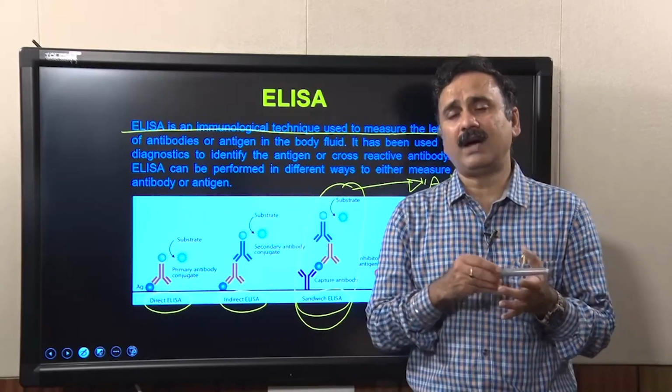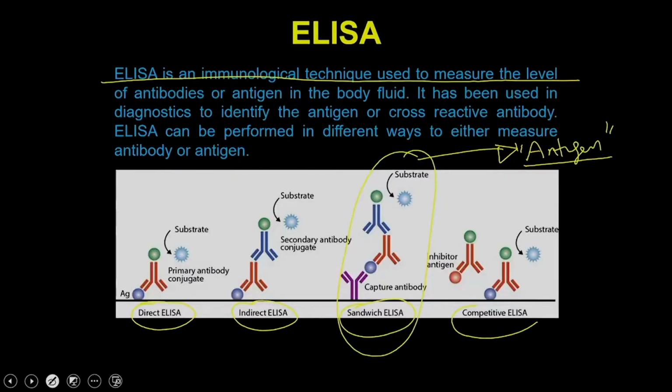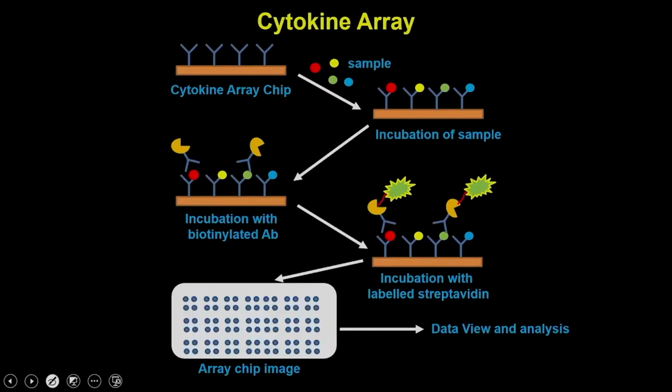So, how does the cytokine array work? In a typical cytokine array, you have a membrane on which the antibodies are immobilized. These individual antibodies are directed against a particular cytokine, so one antibody is for a single cytokine, and you have multiple antibodies.